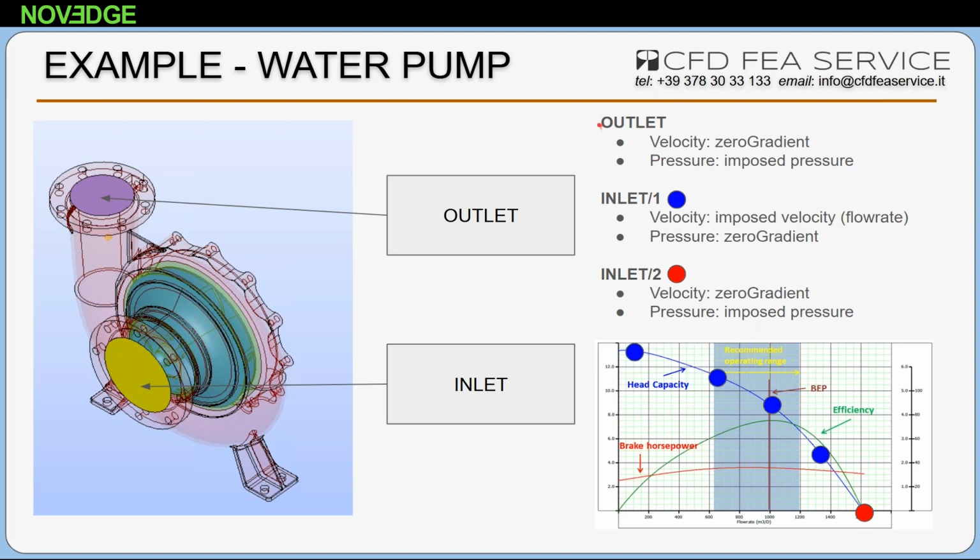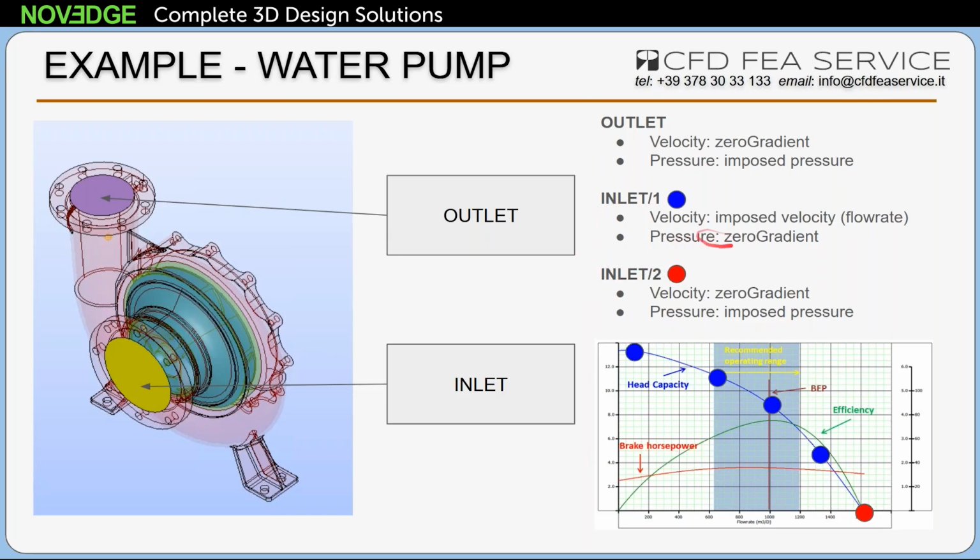At the outlet, we have one option for velocity, which is a zero gradient, and we impose a certain pressure for the pressure variable. At the inlet, we have two possibilities.